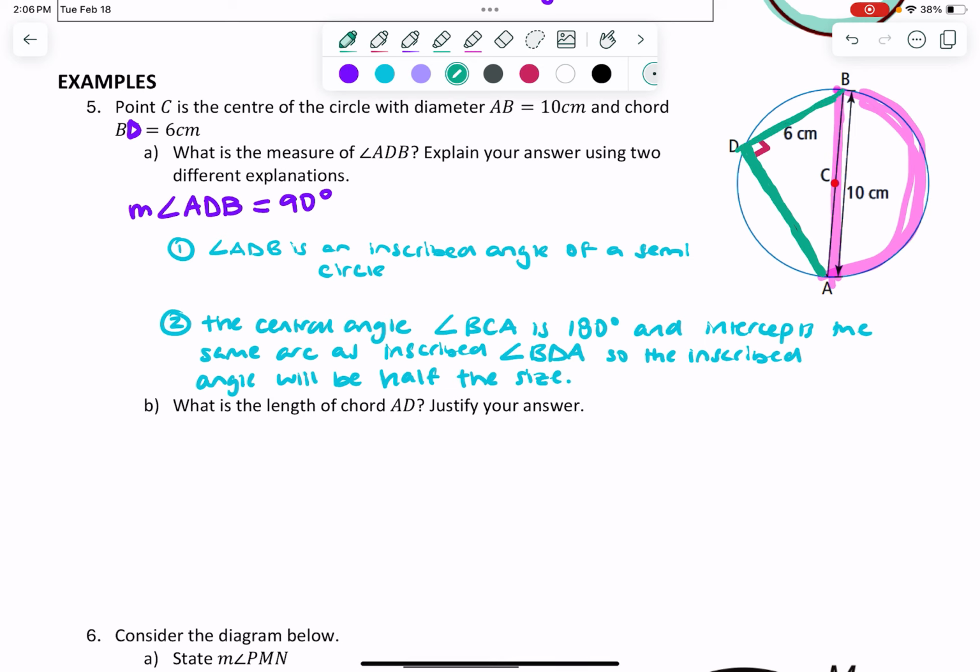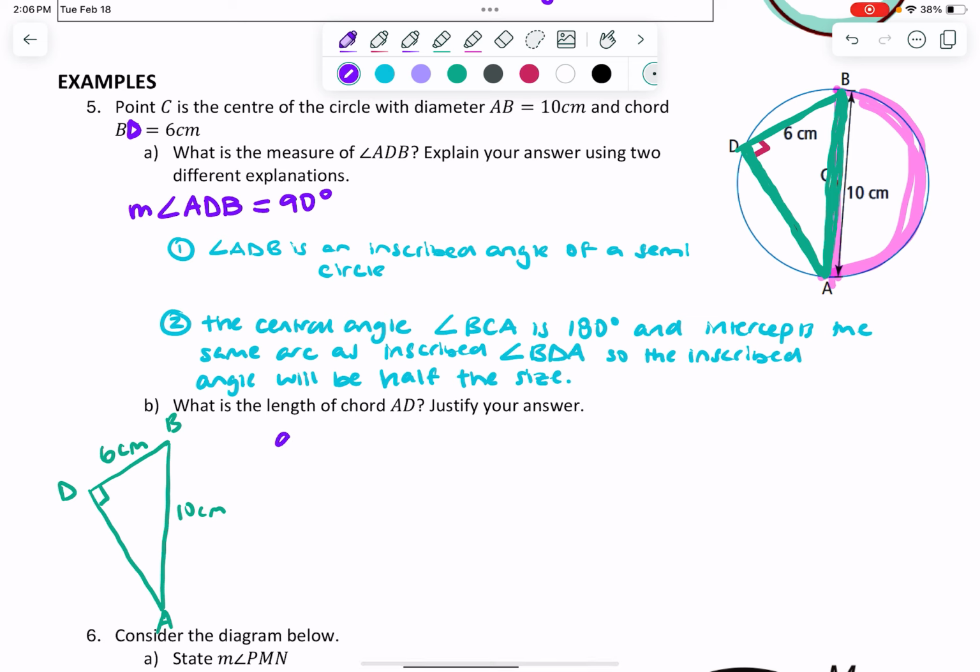I have triangle ABD, and I know 2 out of the 3 sides. So I'm going to redraw that triangle just so that it's here. Okay, I know that this is 6 centimeters, this is 10 centimeters, and I know DBA exists, so I can use my Pythagorean theorem.